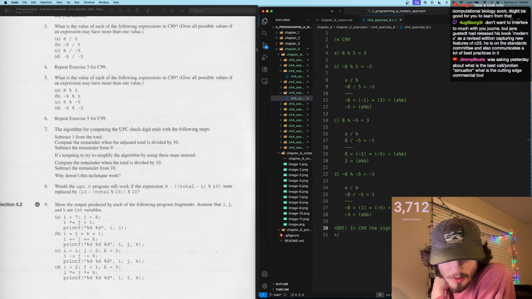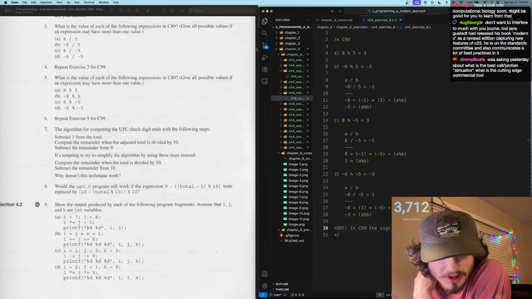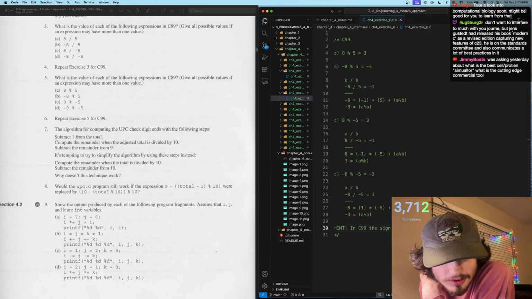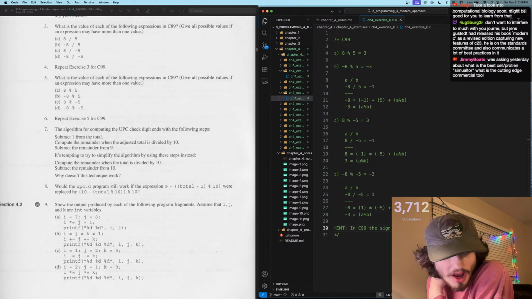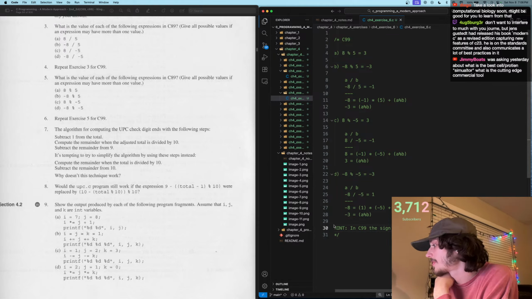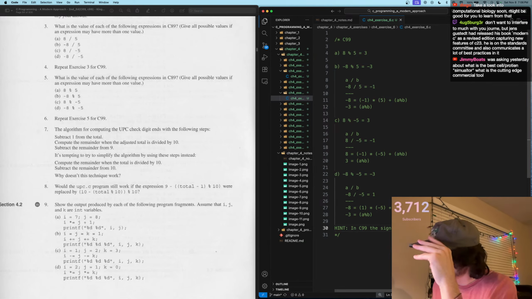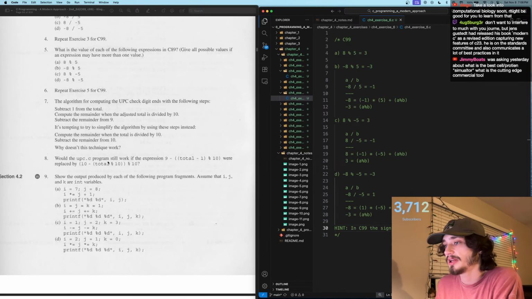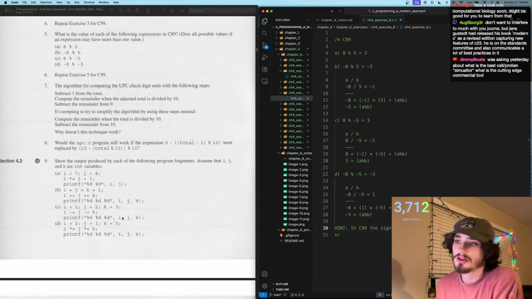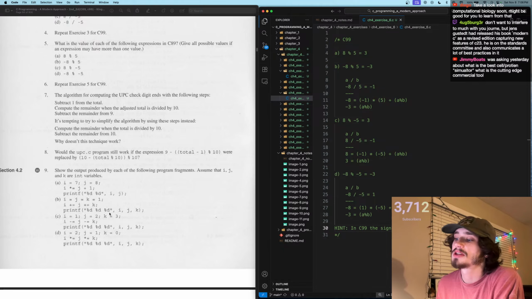I was asking yesterday about what is the best cell/protein simulator. What is the cutting edge commercial tool? I know there's some of those out there, like AlphaFold protein simulations and stuff like that. On this channel, we simulated absorption spectroscopy and paper chromatography.